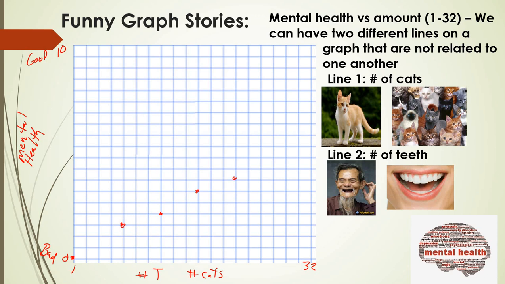Okay, let's go to 25 teeth. 8.5. 8.5, really good. Okay, let's go to 30 teeth. 10. 10, okay, and 32 teeth? 10. All right, so this is the graph for this one. This is teeth. And I don't have a different color, so we're just going to do this because in this program it'll only let me do 1.